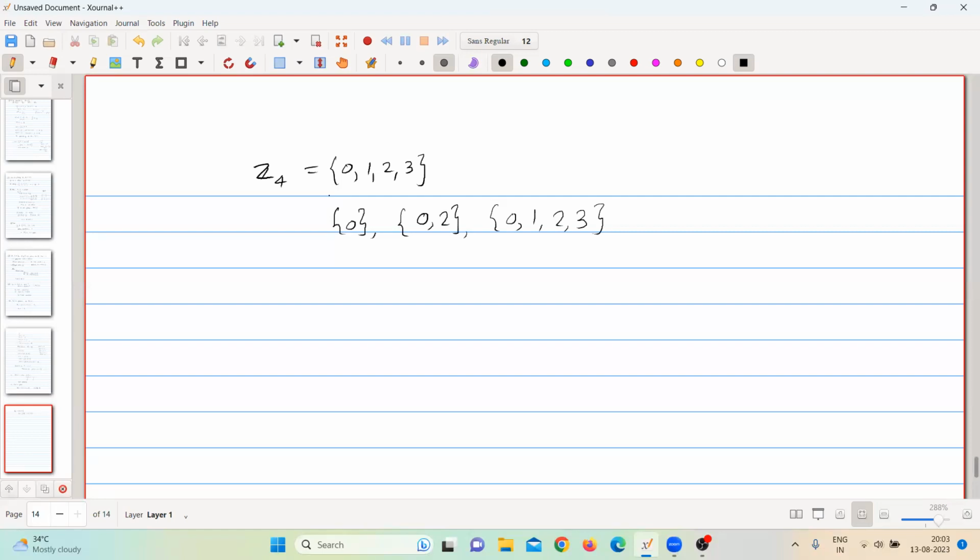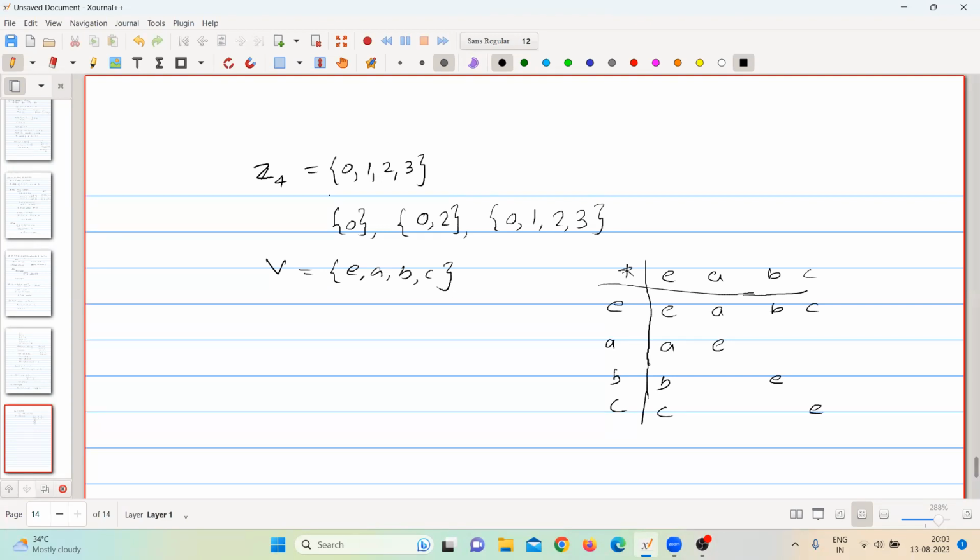Now I am considering the Klein four-group, V. Do you know the Klein four-group? It is defined like this: an operation star on the elements E, A, B, C. E is the identity, so E star E equal to E, E star A equal to A, then B, C. In the same way here also for A, B, C. A star A equal to identity, B star B equal to identity, C star C equal to identity.